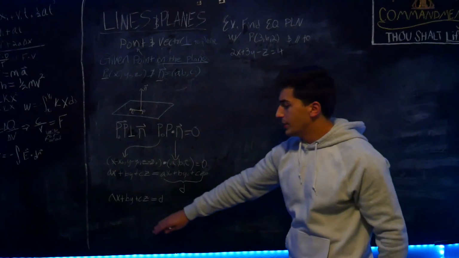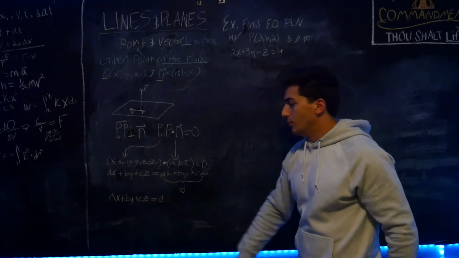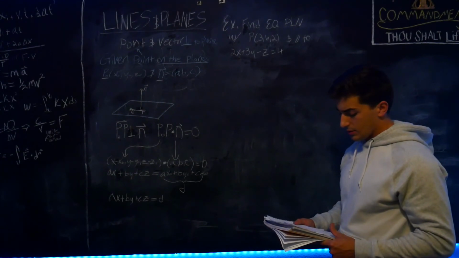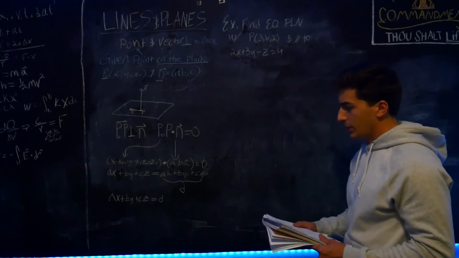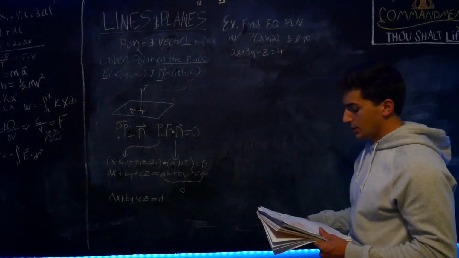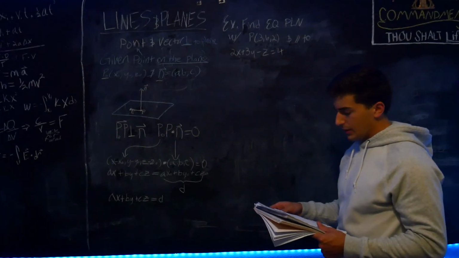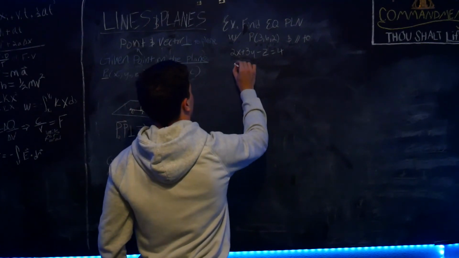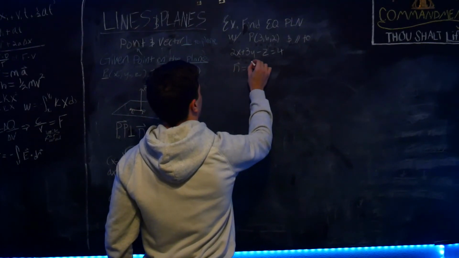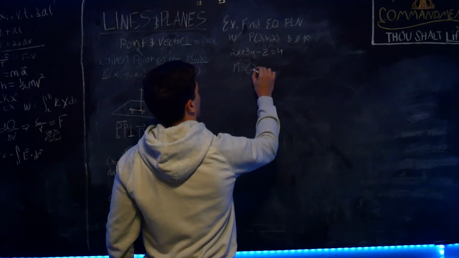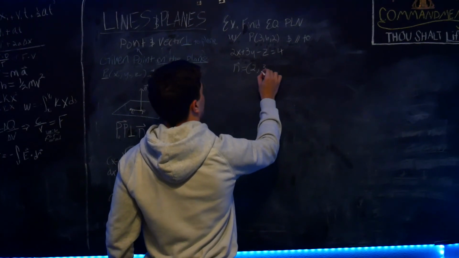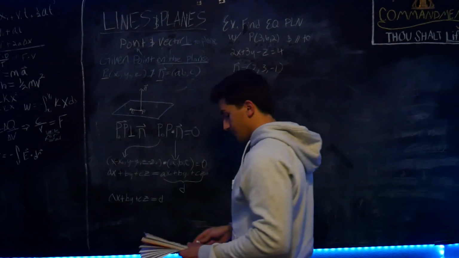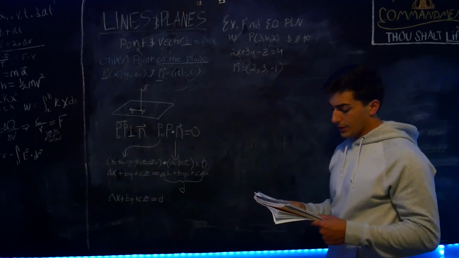All right. So let's just use what we know. With general form, just pull out A, B, C, and we have our normal vector, right? 2, 3, -1. Don't overcomplicate it.